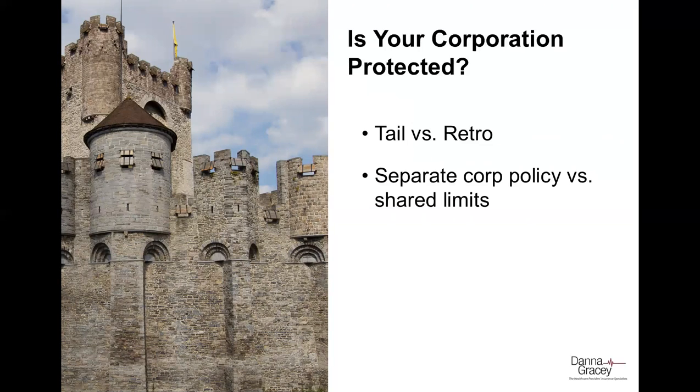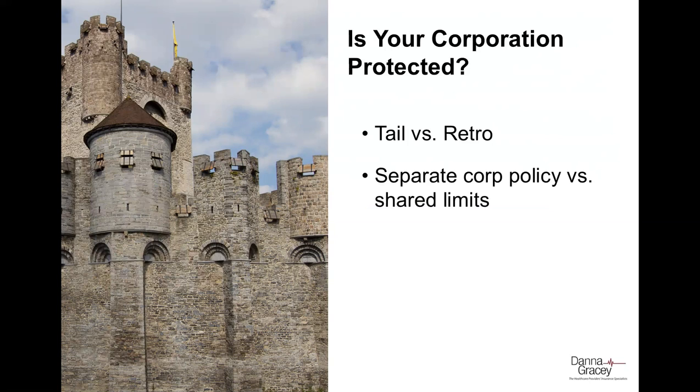And some companies will allow, even with a shared limit of liability with the corporation and the doctor's policy, that if the doctor departs and doesn't buy a tail, that the corporation is still covered or can be covered. But some insurers do not allow that.